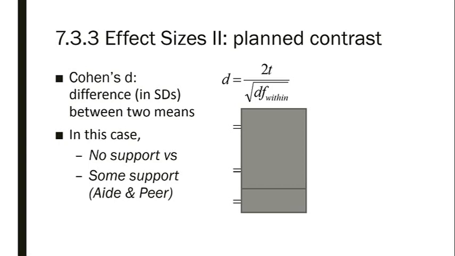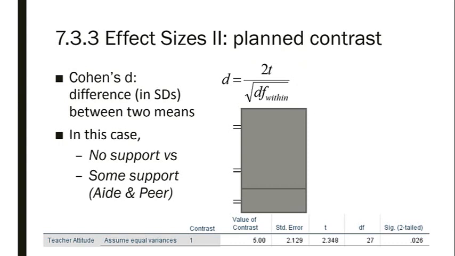However, we don't actually need to do that because another way of expressing Cohen's d is this: 2 times the t-score divided by the square root of the within subjects or the error degrees of freedom, within degrees of freedom. And we can get that information from the contrast table. Right?